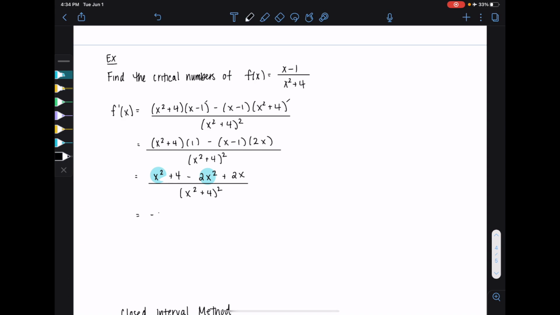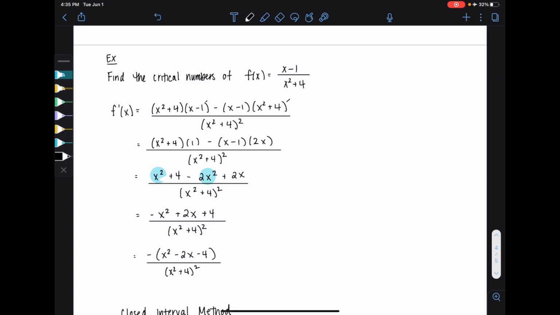This is negative x squared plus 2x plus 4 divided by (x squared plus 4) squared. And to make my life a little easier, because I'm going to set this equal to 0, I'm going to take out that minus sign to give me negative times (x squared minus 2x minus 4).